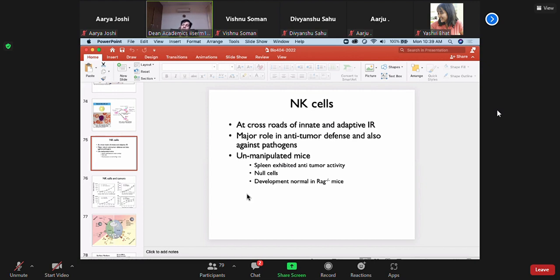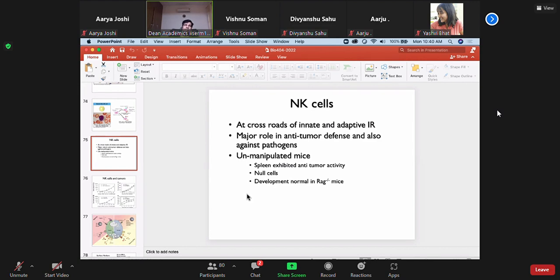This may be a transient process, because the target cells, meaning the infected cells or cells undergoing transformation, during that process, many of the products of these microbes or viruses help the immune evasion process. And one of the mechanisms by which they can do so is by downregulation of MHC class 1 transiently.